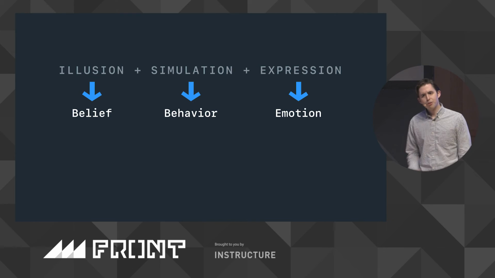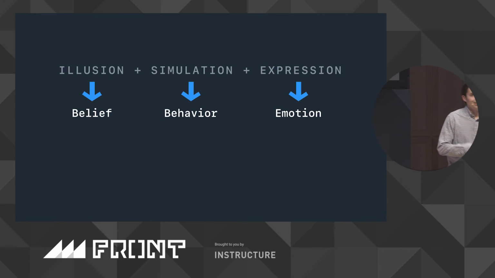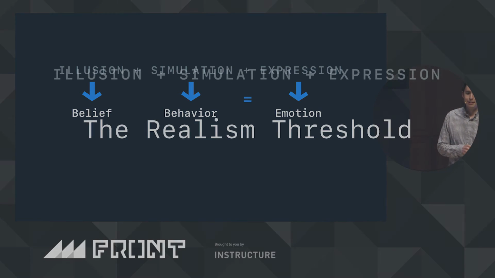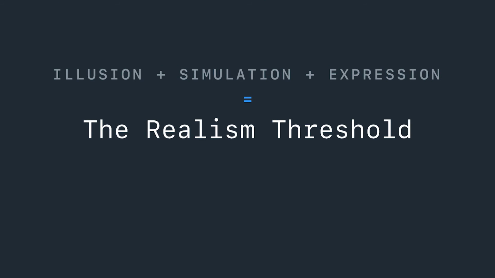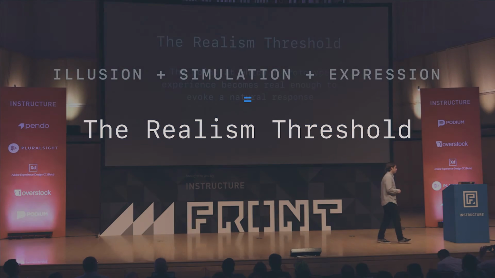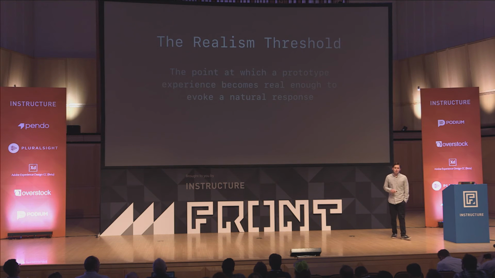And once all 3 of those things are present within your prototype, you begin to cross this line that I call the realism threshold. Essentially, the realism threshold is the point at which a prototype experience becomes real enough to evoke a natural response. So no longer are participants viewing this as some sort of fake or contrived experience or example, but rather they're treating it as if it were the real thing, and they're interacting with it in that way.